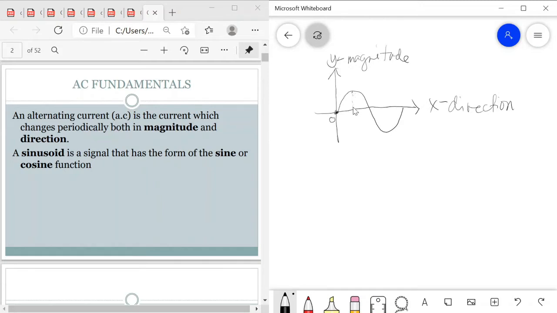At peak, this is 90 degrees, so it has a maximum here. It is either voltage or current, kasi magnitude, it is either voltage or current. At this point is 180 degrees. This negative maximum here is 270 degrees. And lastly, this will be your 360 degrees.